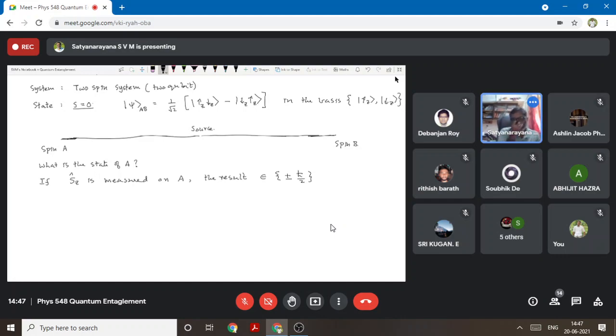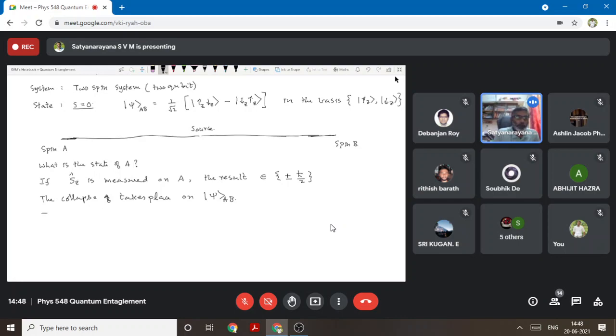That is what quantum mechanics tells us, that it can be plus h cross by 2 or minus h cross by 2. But the post measurement state, the collapse, takes place on the full state, on psi AB.